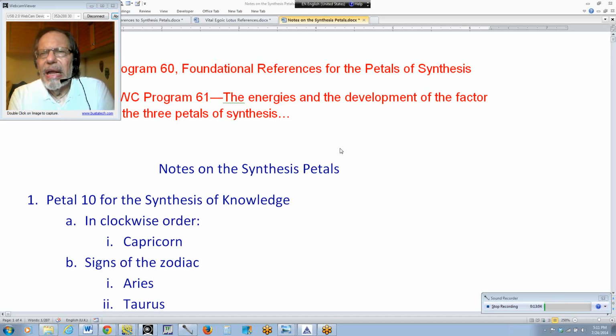Now, whatever can happen in relation to the synthesis petals is, of course, a limitation compared to what can happen in the spiritual triad when unencumbered by the egoic lotus. We have to remember that the individual for whom these synthesis petals are unfolding is entering a wider life, but not yet entering the full life of the spiritual triad, as he will following the fourth initiation.